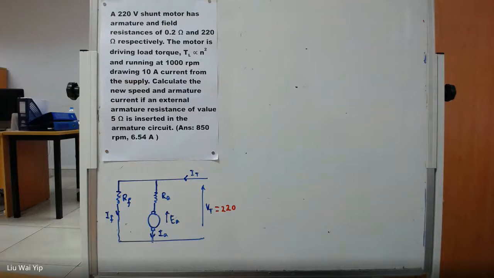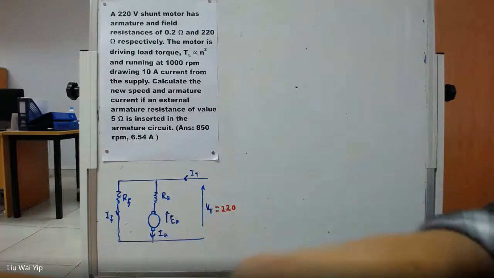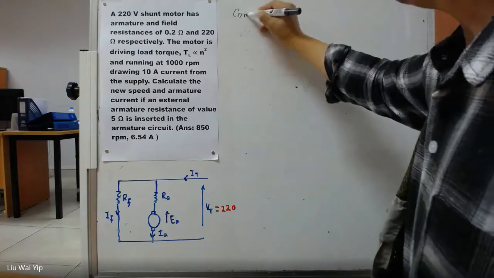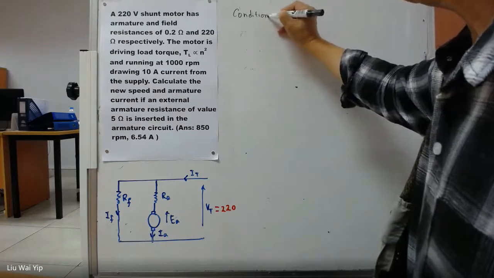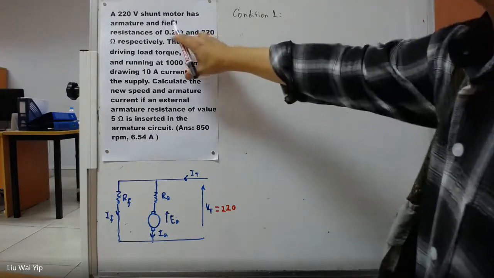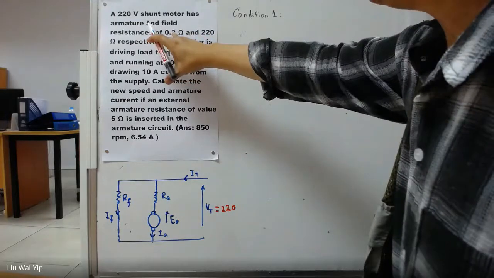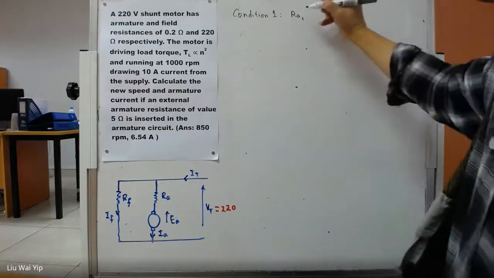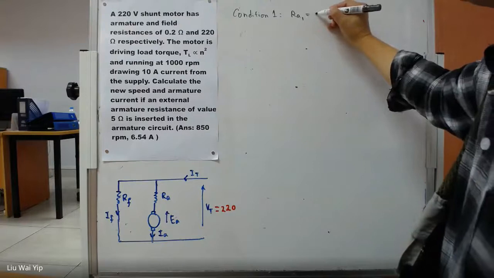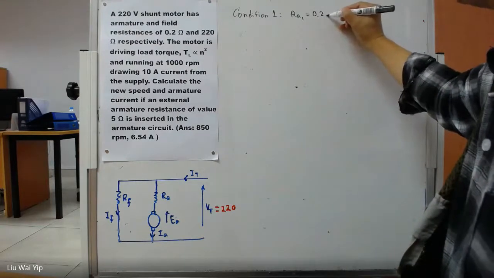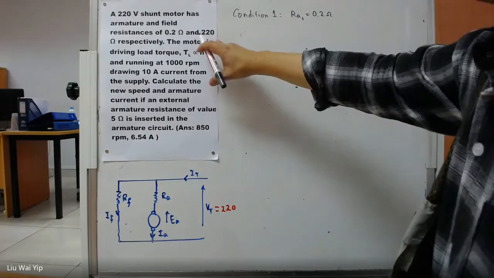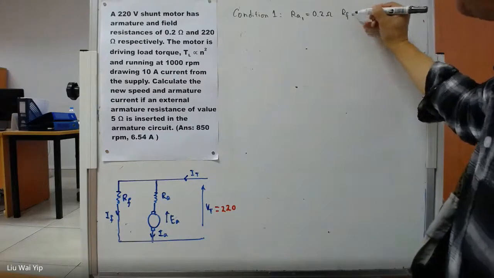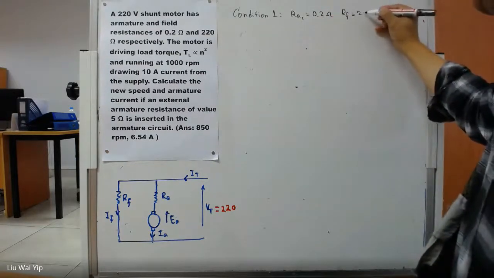And the question has two conditions. In the first condition, which is condition 1, the armature resistance is equal to 0.2 ohm. And the field resistance is going to be 220.